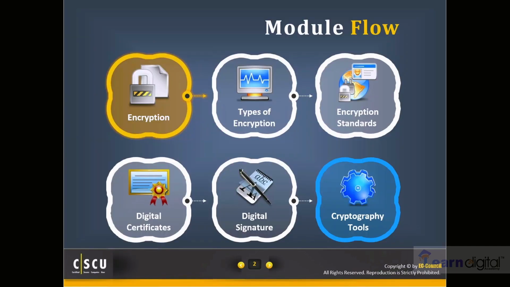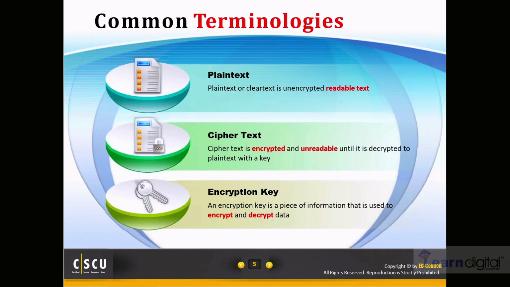What is data encryption, what are the types of encryption, then encryption standards, digital certificates, signatures, and cryptographic tools. Before we go ahead with encryption, we need to understand plain text, ciphertext, and encryption key.